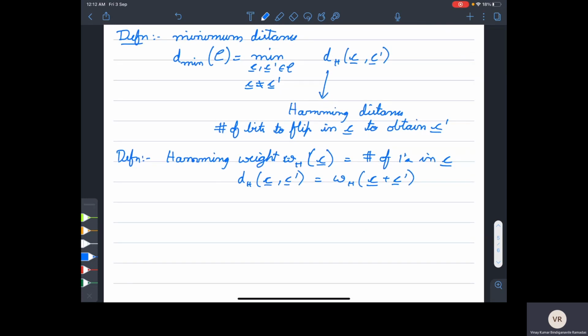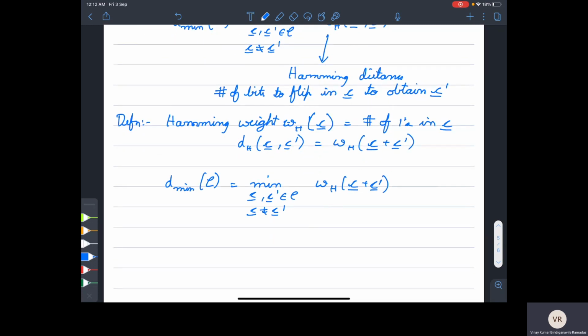What this also means is that the minimum distance of the code can be written as the minimum Hamming weight of C plus C prime. Now, since C is not equal to C prime, C plus C prime cannot be 0.